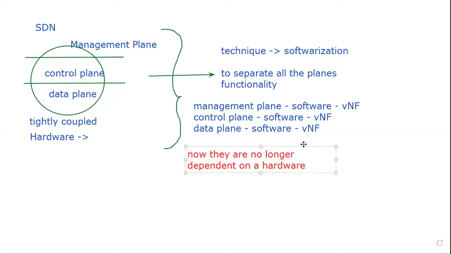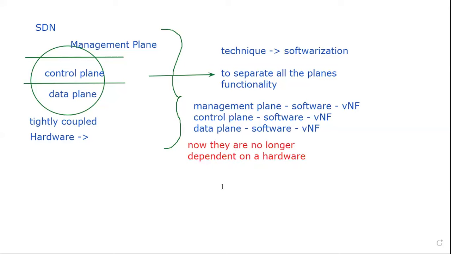So when they are not dependent on hardware, it means we can install these software on any virtual machine, any container, even a white box, which doesn't have any vendor functionality. So what does SDN do? SDN is decoupling these planes with the help of softwareization so that their dependency on the hardware is removed.